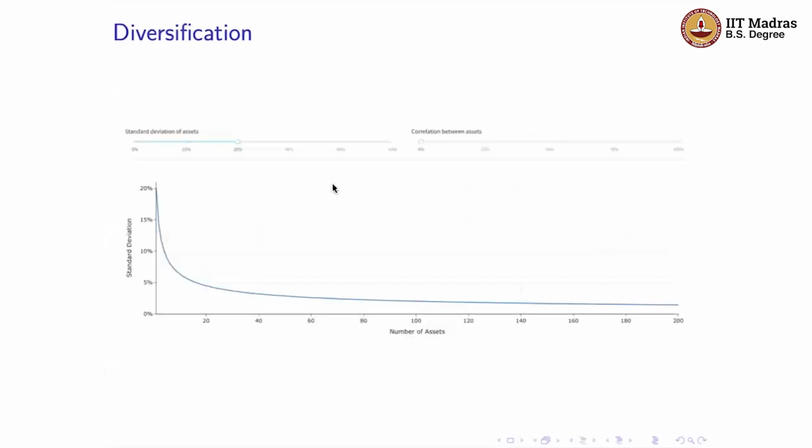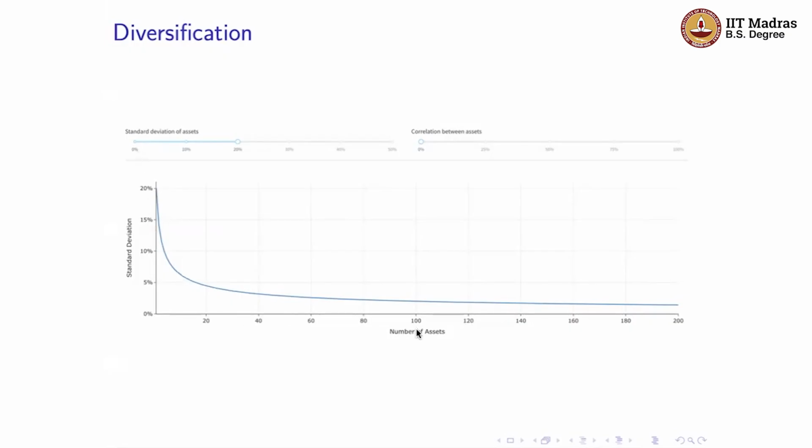And we can also actually see how such a graph would look like. Here we have plotted not the variance, but the standard deviation, which is very closely related. And we have taken sigma to be 20%, and we have 0% correlation between assets. So we are seeing the effect of changing the number of assets on the standard deviation. If you have n equal to 1, then the standard deviation of the portfolio is going to be the same as the standard deviation of the asset.